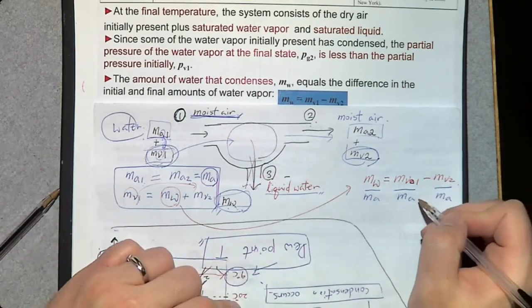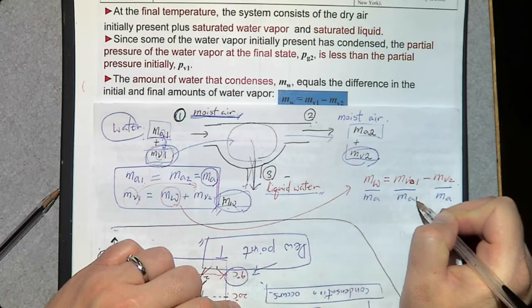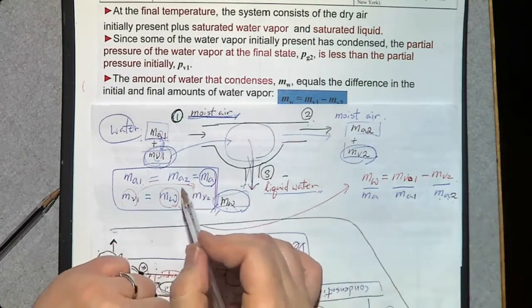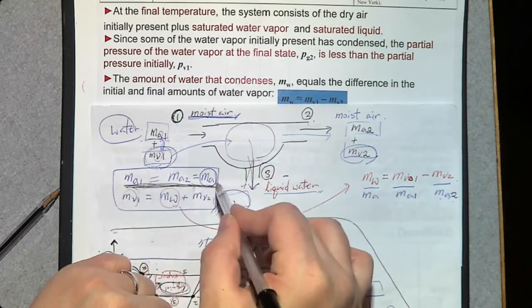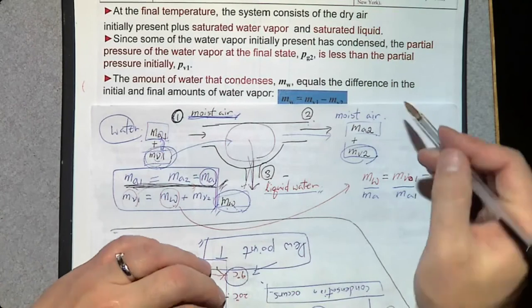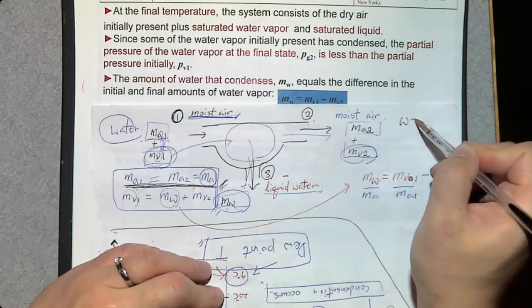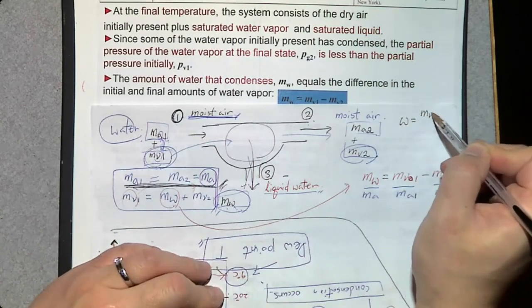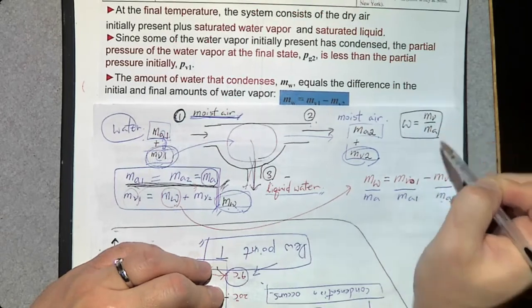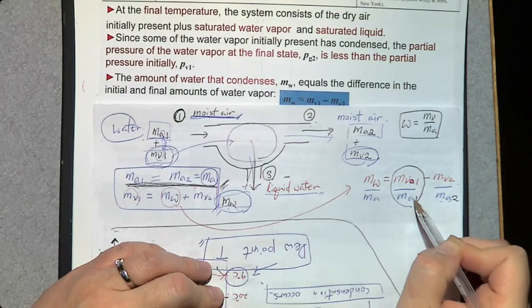M of A is the same as MA1. M of A is the same as MA2 because the mass of air is conserved. By the definition of omega, which is mass of water vapor divided by mass of dry air, this is going to be omega at the inlet number 1.